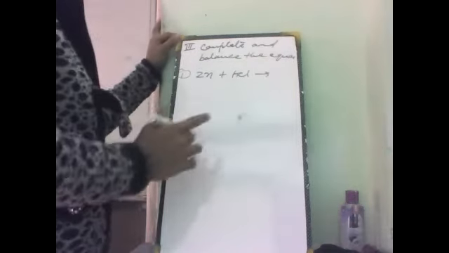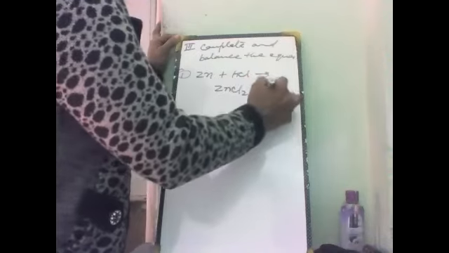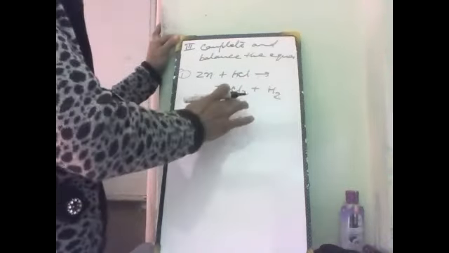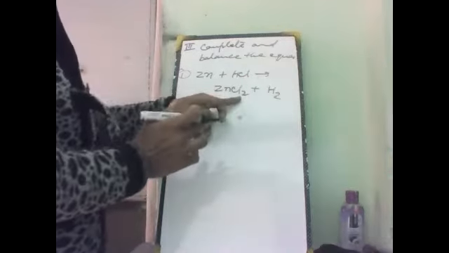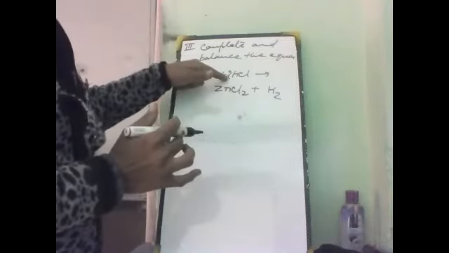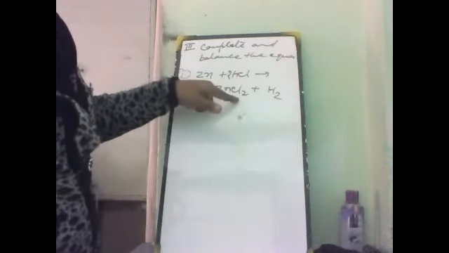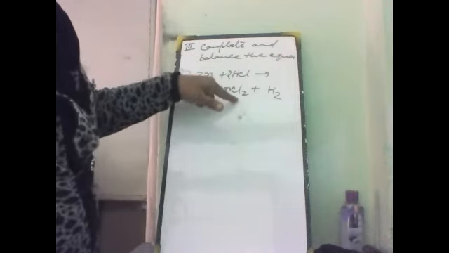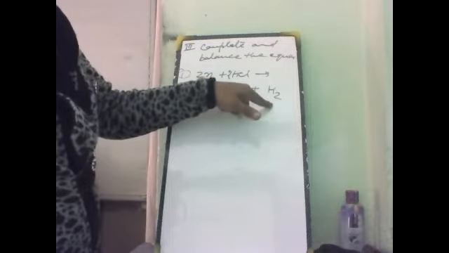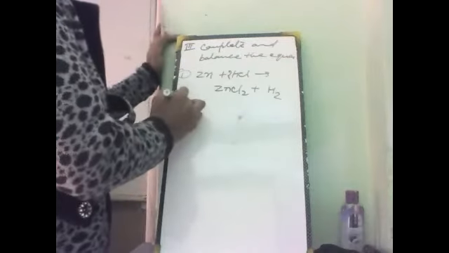What is the product? The product is zinc chloride and hydrogen. We have two chlorines here, so we put 2 here. Then hydrogen is 2 and chlorine is also 2. So this is the complete and balanced equation.